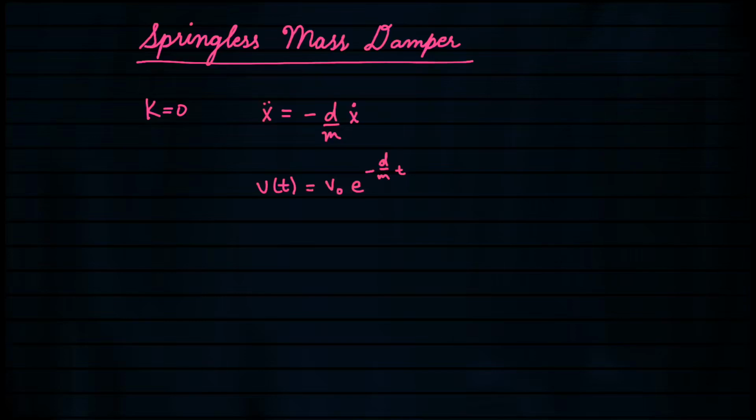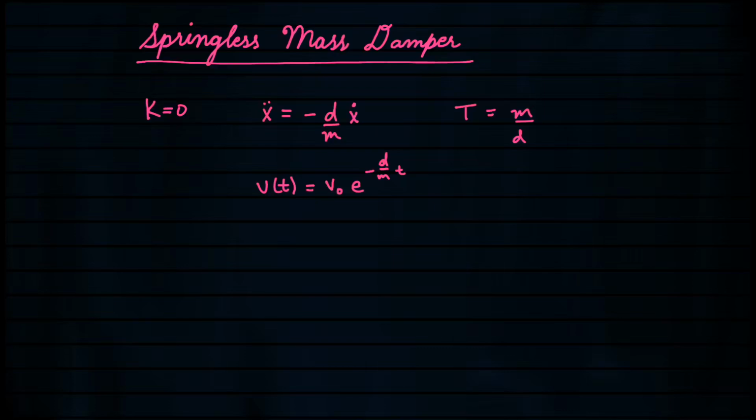And the idea here is that we will have a time constant, and this applies to the massless spring damper too, but we will get this to be m over d, okay?